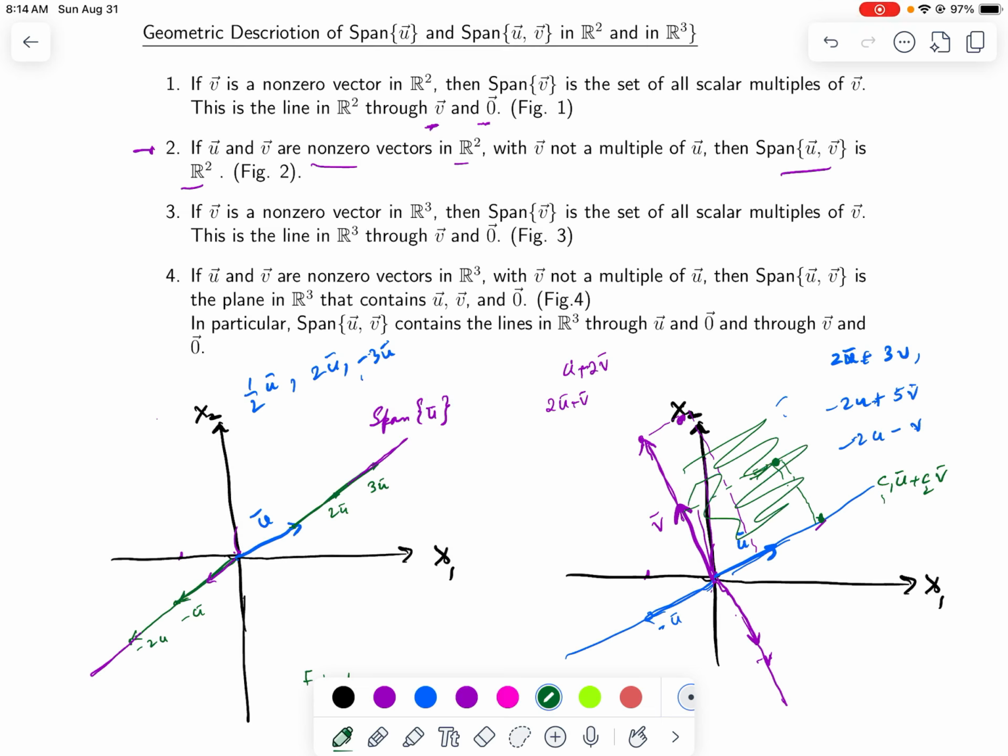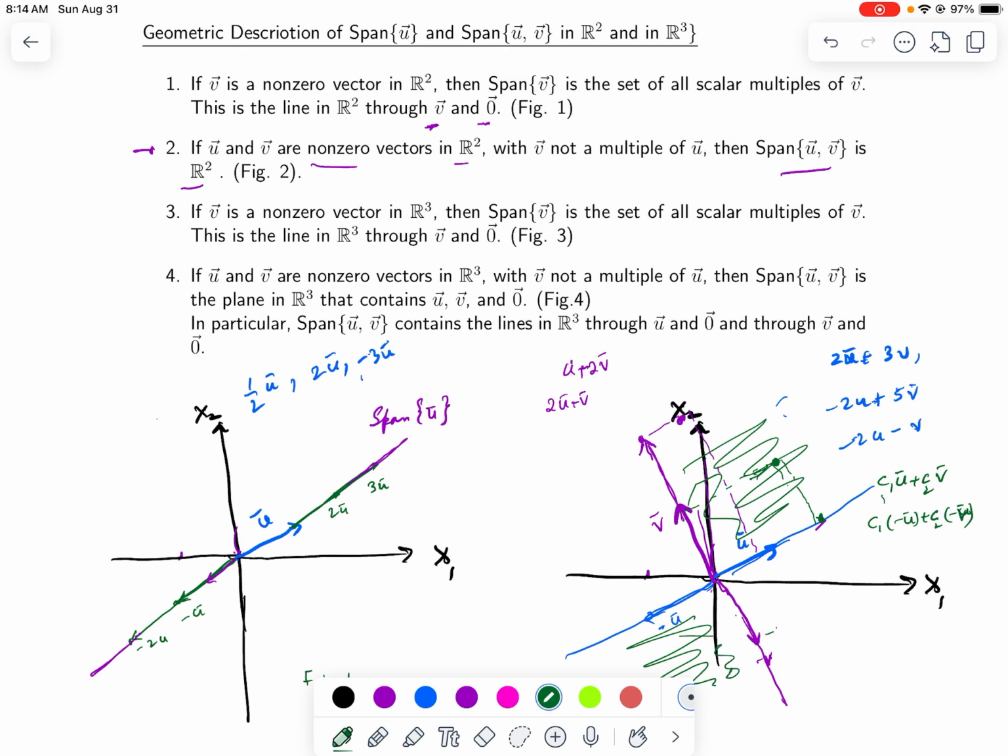But if I take all the linear combinations such that c1 times negative u plus c2 times negative v, then we will end up in this region.